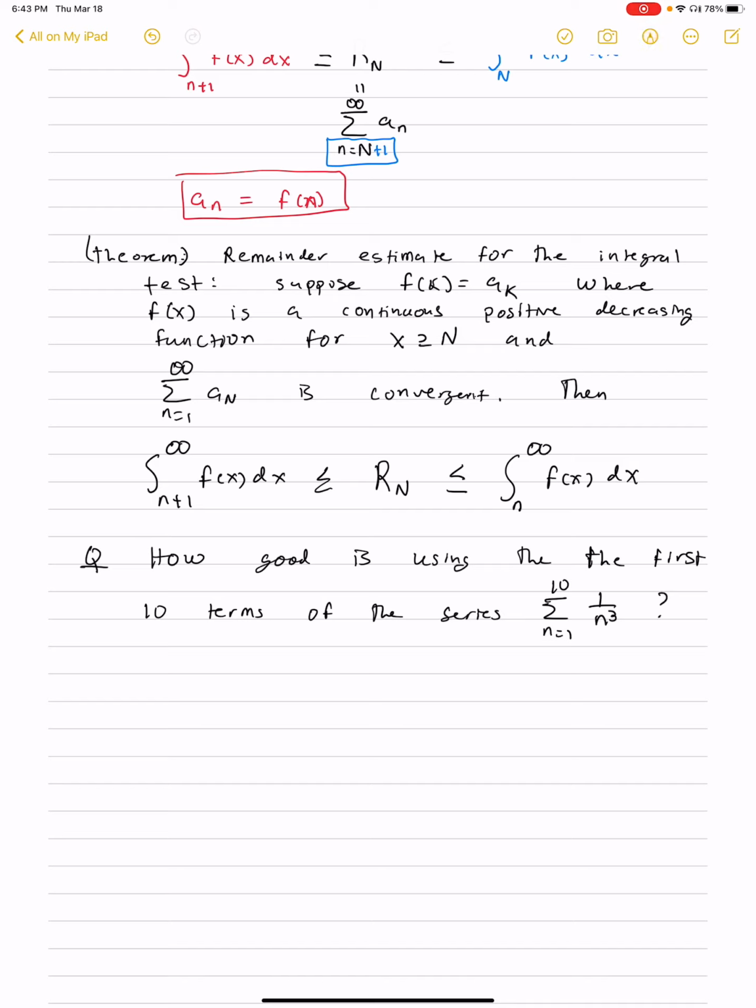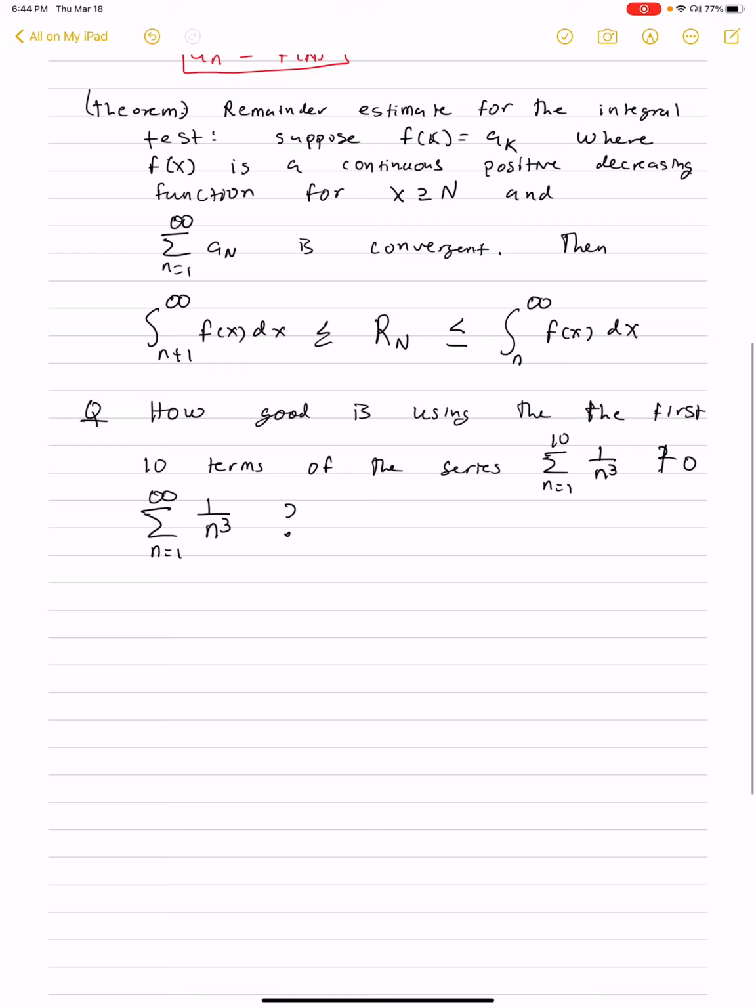If you're wondering how good is it compared to what, compared to taking the full infinite number of terms. Well, I'm just going to calculate what the difference would be.